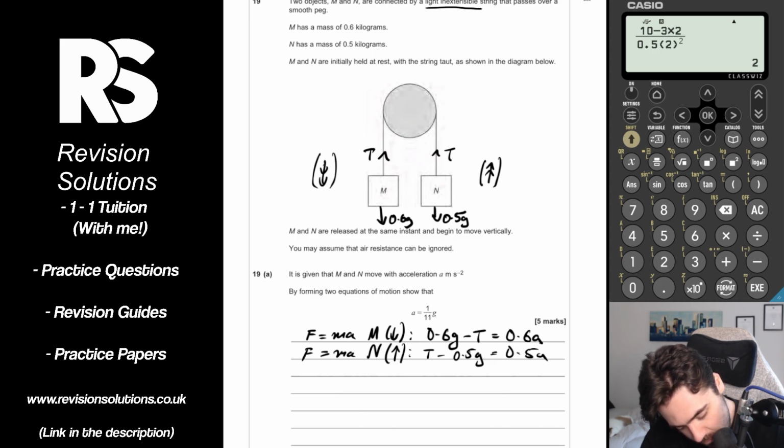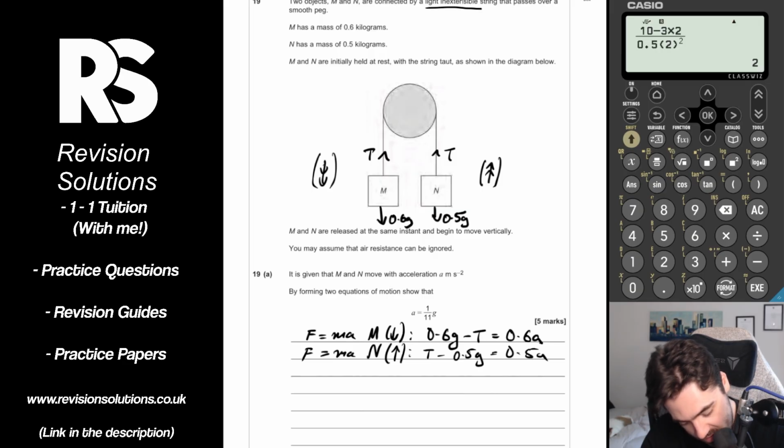So that would give us 1.1g equals... Use the masses correctly, sorry. Oh, sorry, no, it's not going to be that. It's 0.6 minus 0.5, isn't it?